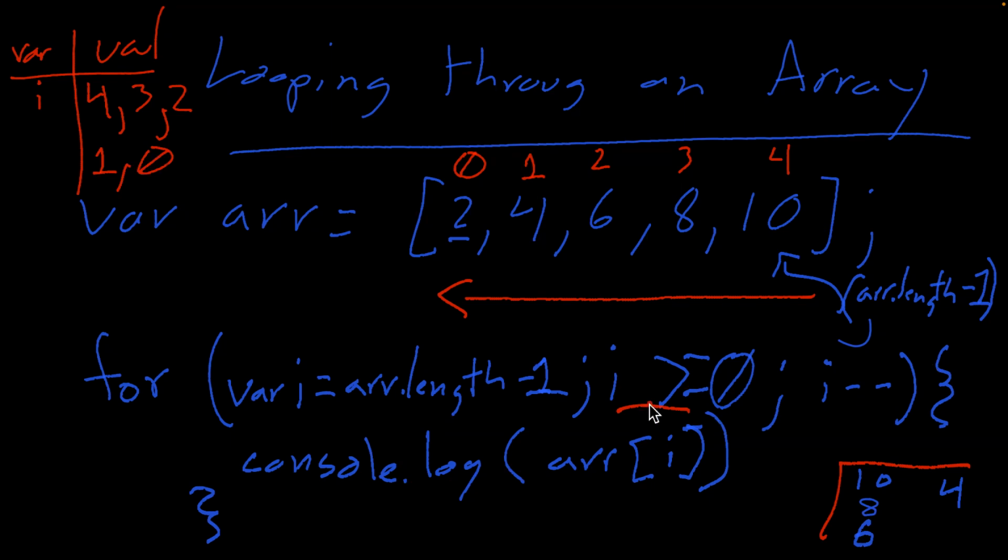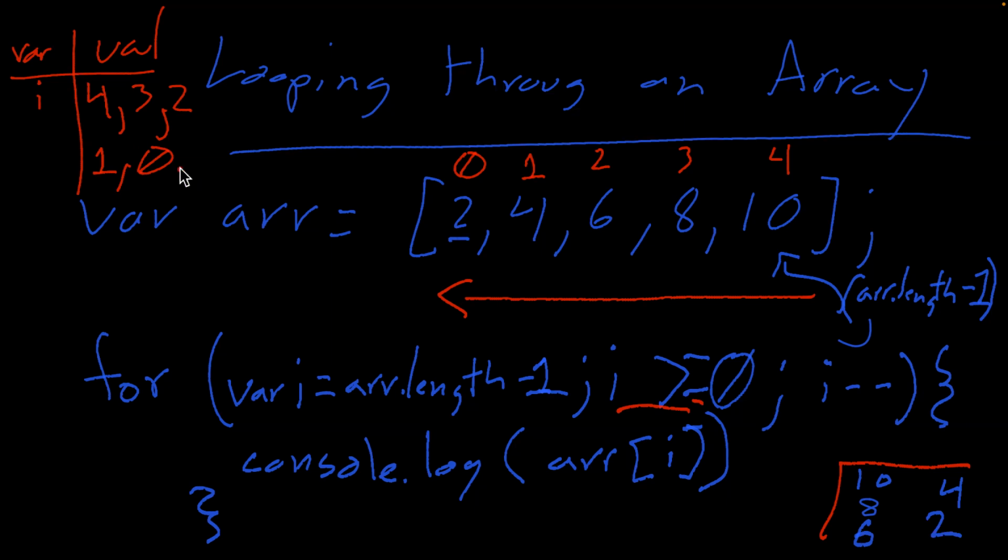And is 0 greater than 0? No, but is 0 equal to 0? This is the equal sign. Yes, so then we enter, and now we console log R at I. Exactly, we get the 2 in there. And then we continue. We decrease I again, I minus minus. So what's 0 minus 1?